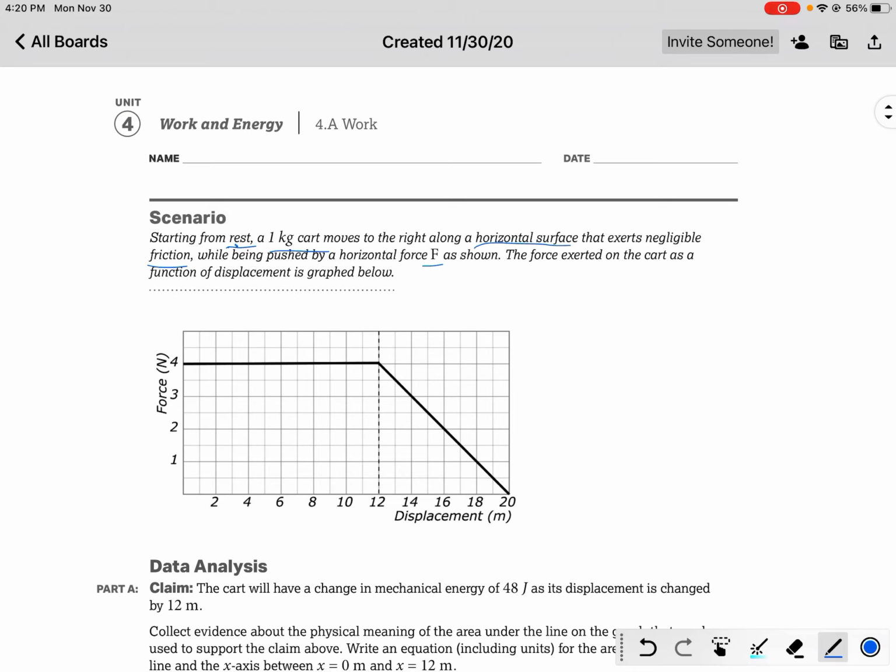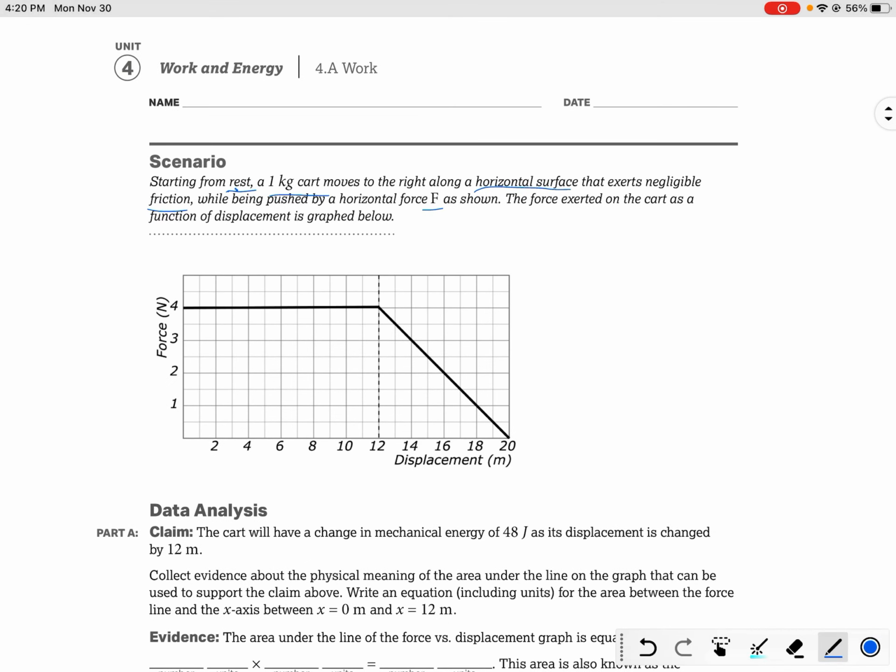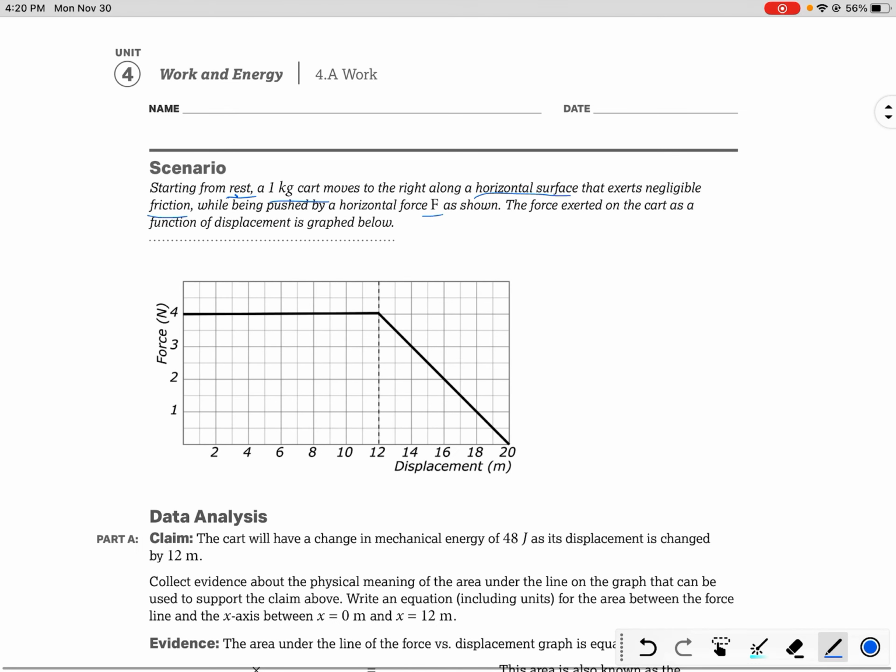So before we get going, I'm going to actually start at what might seem a little bit odd place. I'm going to remind us of some kinematics equations because we're used to working with time equations, but this graph doesn't really have anything to do with time.